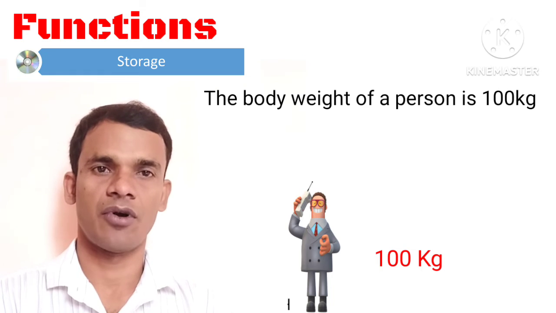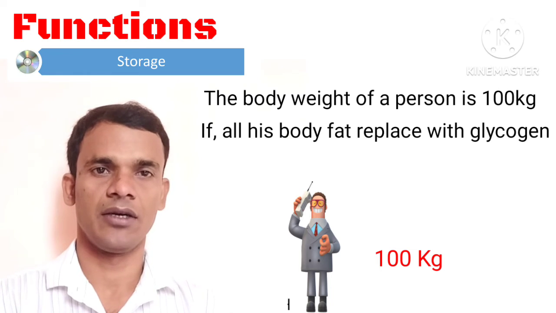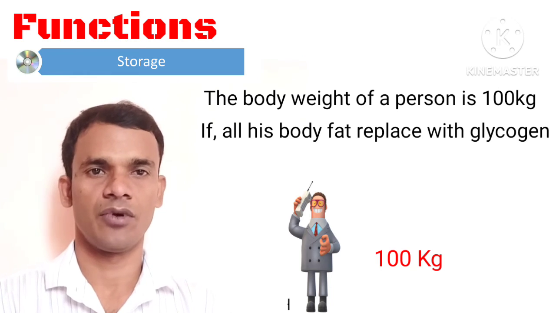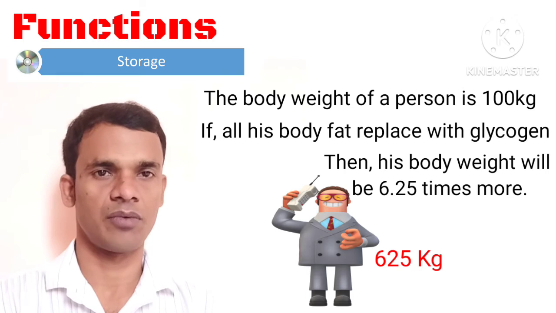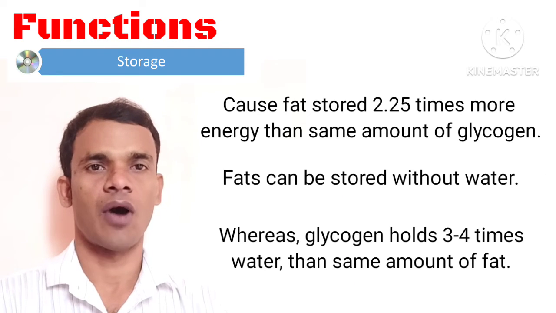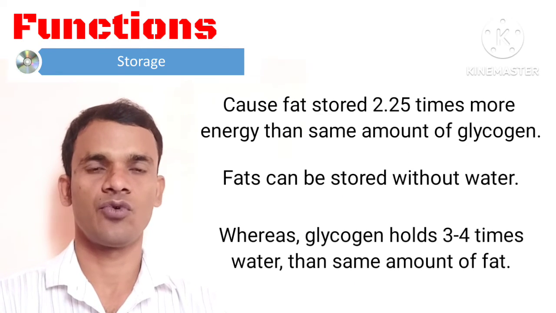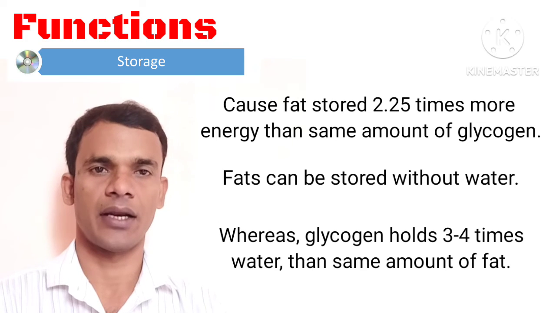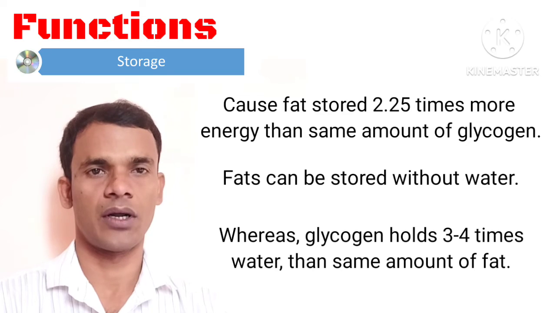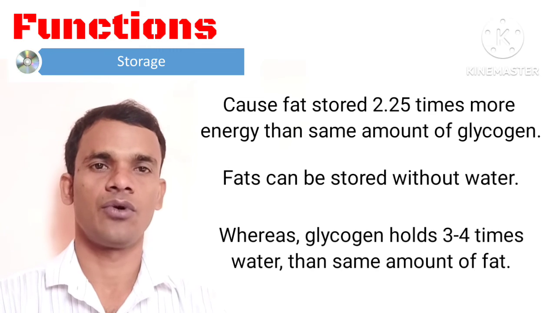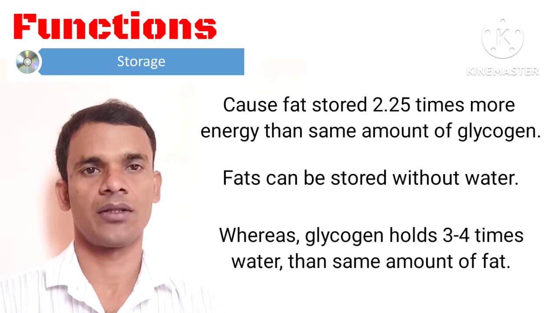Imagine if the body weight of a person is 100 kilo and all the body fat is replaced with glycogen, then our body weight will be 6.25 times more or 625 kg. Why? Because fat stores 2.25 times more energy than the same amount of glycogen. And fat can be stored without water, whereas glycogen holds 3 to 4 times more water than fat.